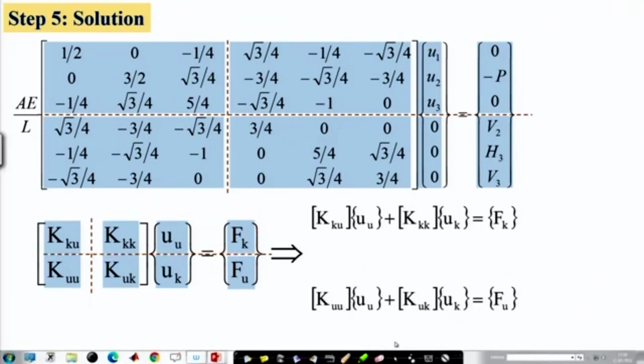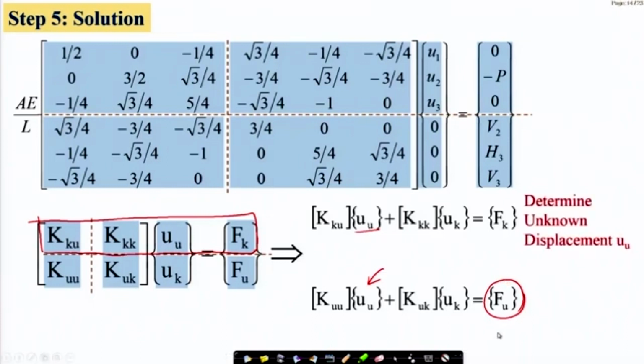Once we calculate this value, U_U, then we can substitute U_U here, and find out the unknown forces. So the first equation will help us to determine unknown displacement, and the second equation will help us to find out unknown forces.